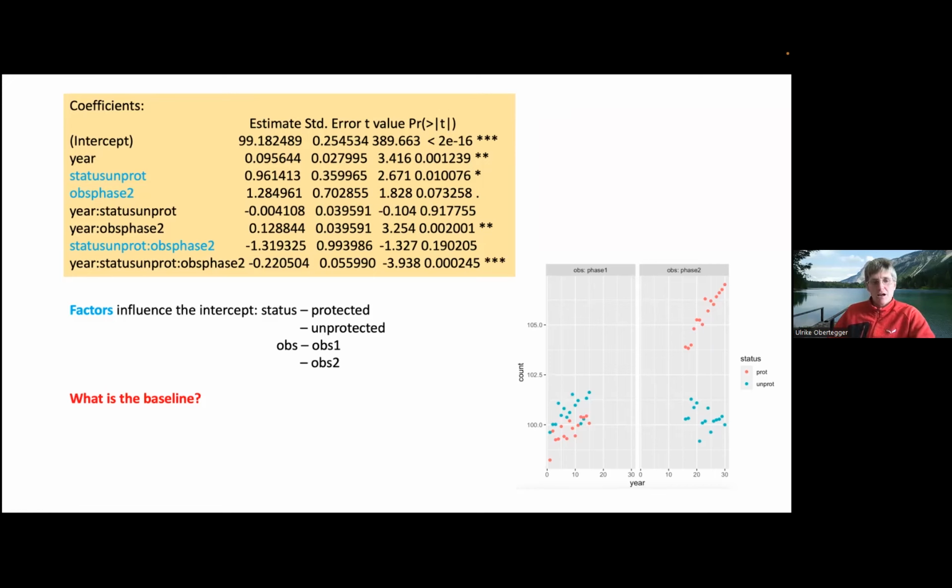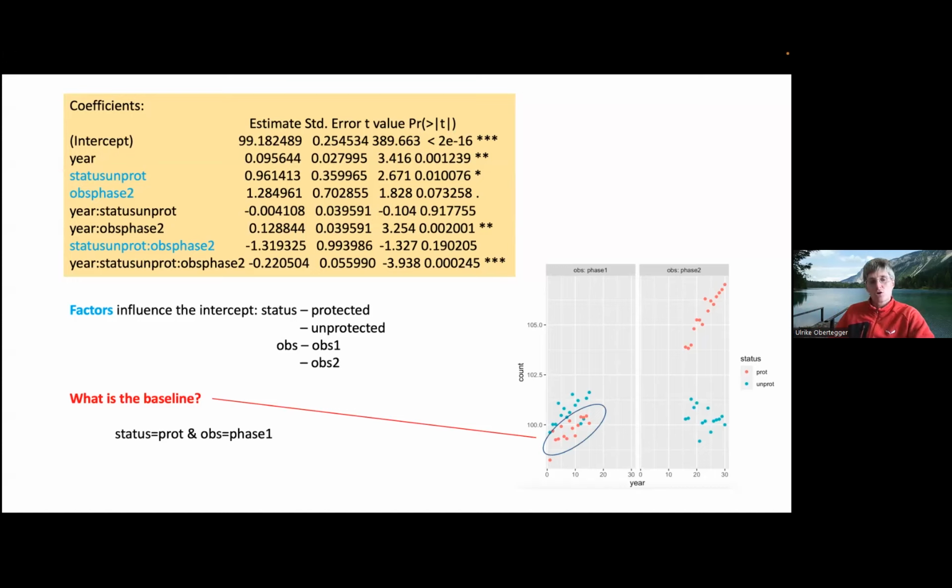What is the baseline for observation? Yes, OBS 1 comes before OBS 2, because when the alphabetical order is the same, then R considers the numbers. So our baseline model is this one: status protected and observation phase 1.